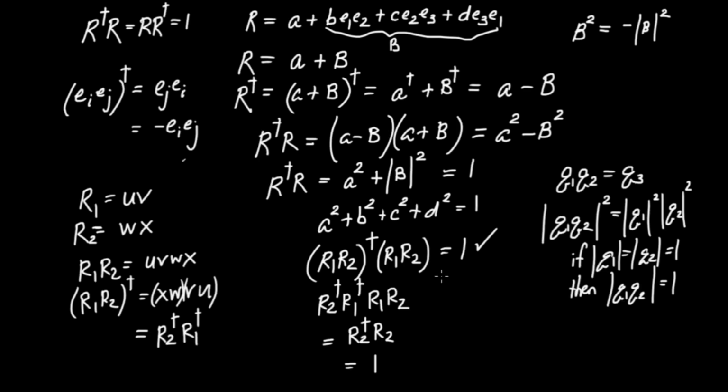Because the geometric product of two rotors is yet another rotor, the composition of two 3D rotations is yet another 3D rotation, meaning that the equivalent rotation can be gotten by some other 3D rotation in a single step instead of going in a composite way, doing R1, then R2.